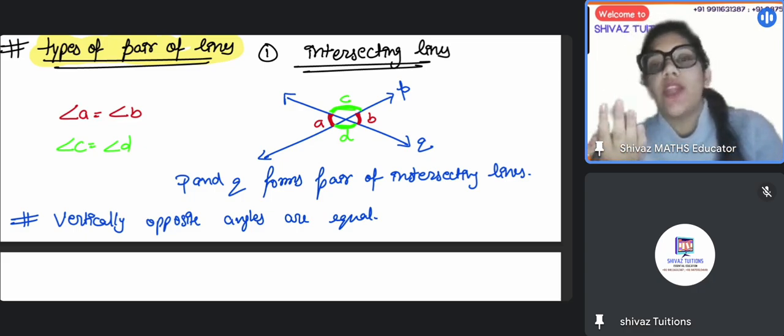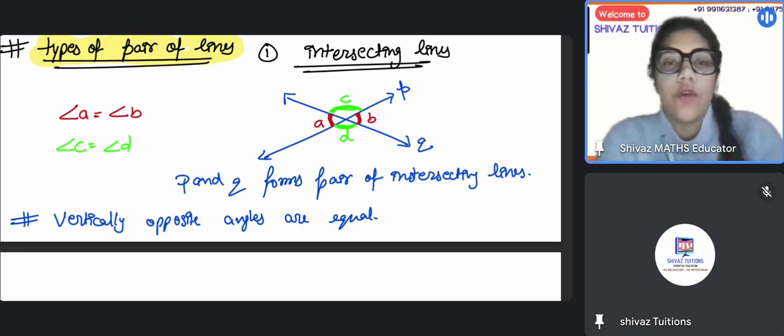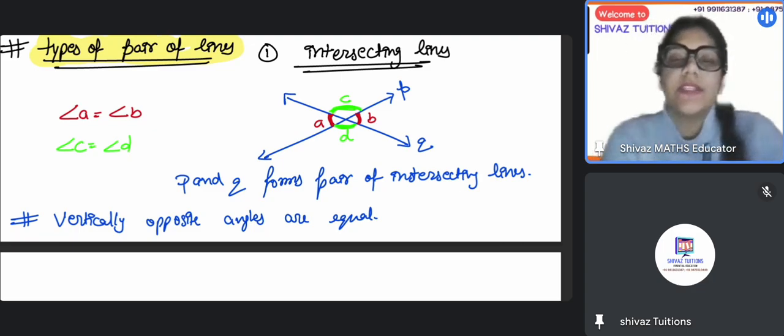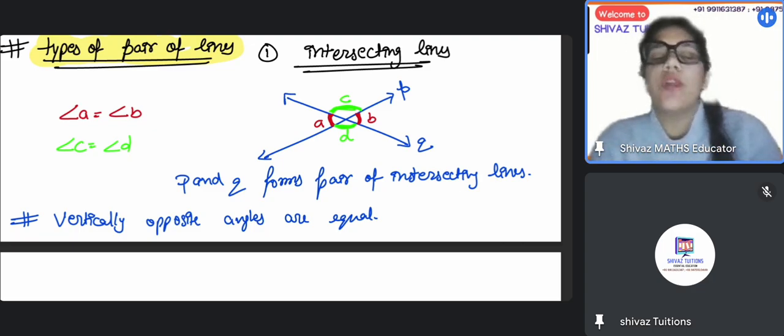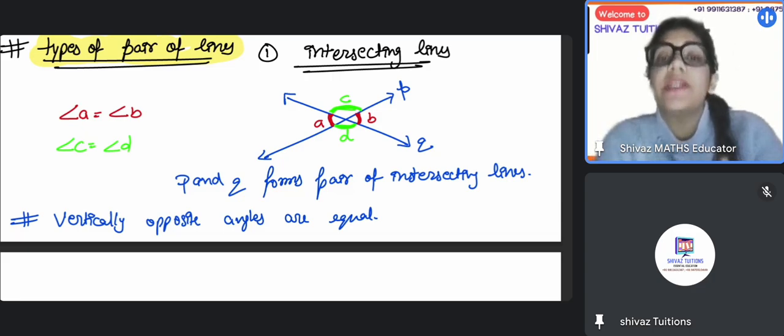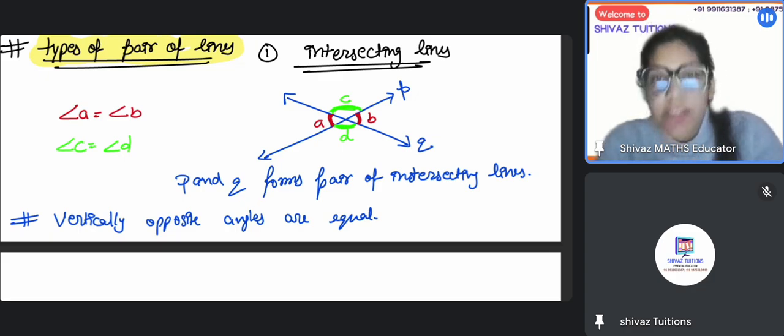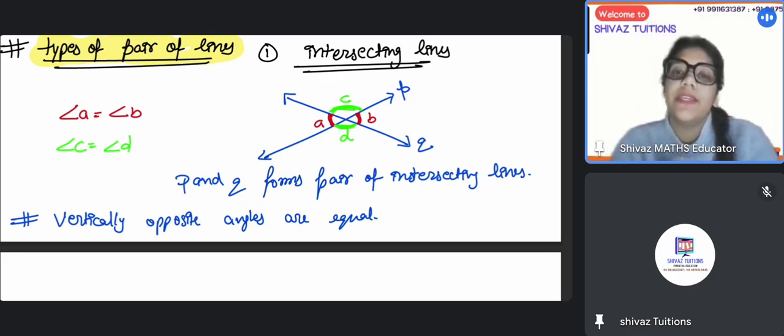We say vertically opposite angles are equal. Angle A and B are vertically opposite, so their measurements will be equal. Similarly, angle C and D are also vertically opposite angles, so their measurements will also be equal.